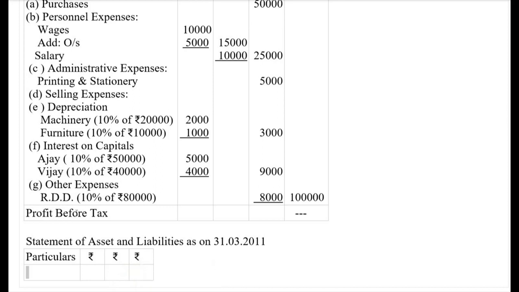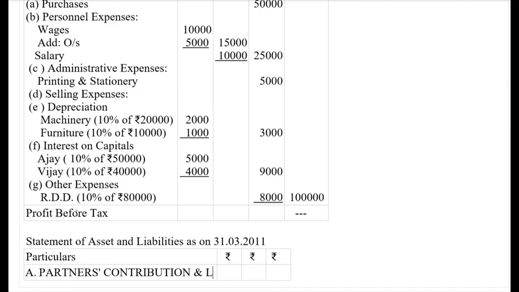So now let's proceed with the A, partners contribution and liabilities.